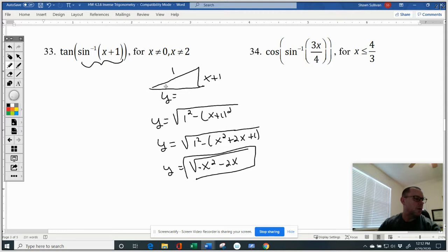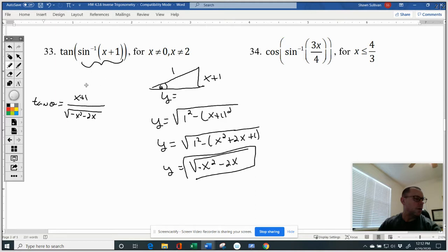Now we come back up here, and we need to figure out what the tangent of this angle theta is. Tangent theta is y over x, so this is equal to x plus 1 over the square root of negative x squared minus 2x.